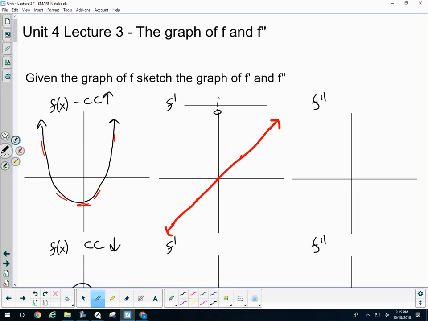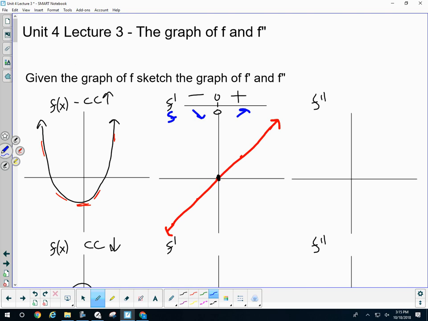We see we have a 0 at 0. The f prime values are negative to the left of 0. They are positive to the right of 0, which is telling me that f is going to be going down, then up, which we can see here. The function goes down, then up.